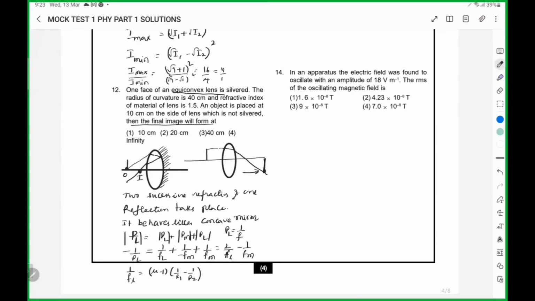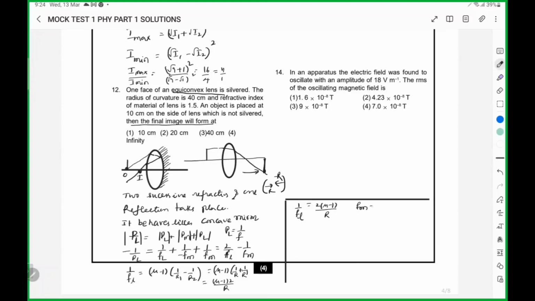Since it is an equiconvex lens, it is 1 by R plus 1 by R, because for this side it is R, for this side it is minus R. So it is (mu minus 1) times 2 by R. Here 1 by Fl will be 2 times (mu minus 1) by R.